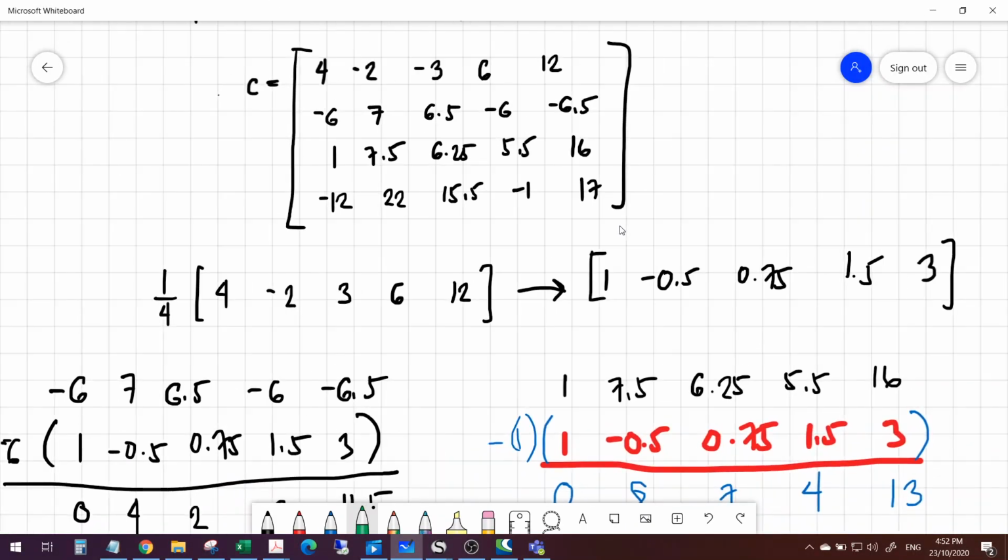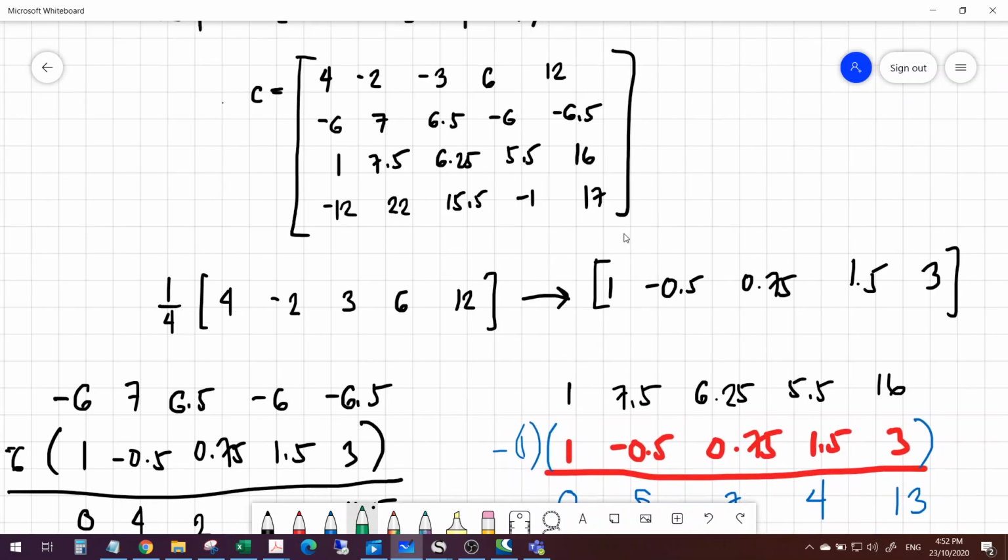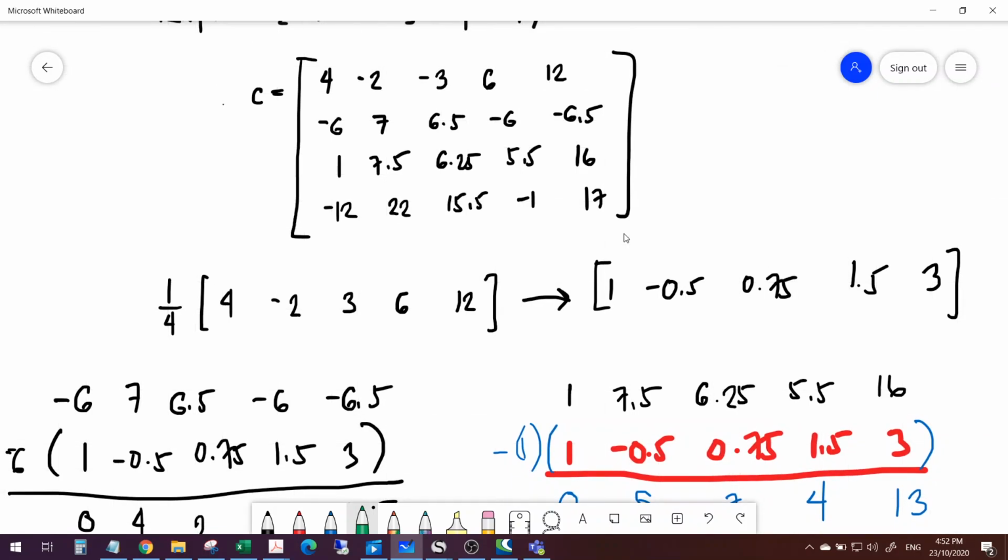The first step is we will normalize the first row. When we say normalize, we will multiply by a certain number such that the first element of the first row will be 1.